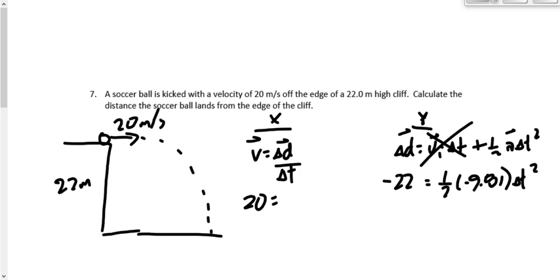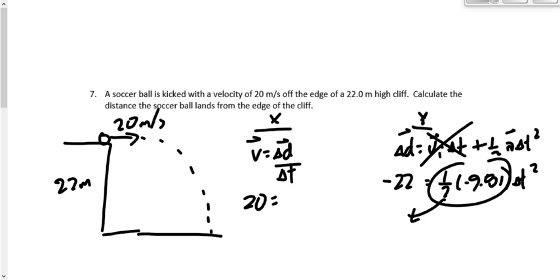Now, I wouldn't say this was a common mistake, but it was a mistake that I saw a few times. Solving for t here. People said half of negative 9.81 is 4.905. Take it over by dividing, and we get 4 point something. Done for time. What do you have to do with it once you take this over by dividing?